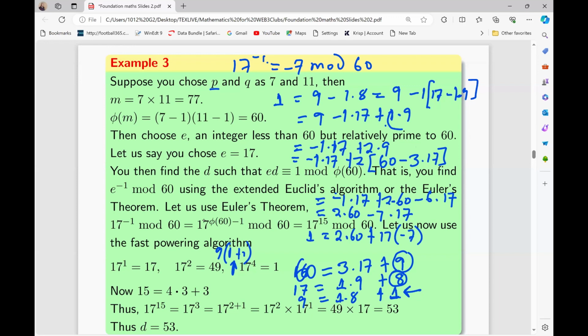Last time, since this number is less than 60, we were just adding it to 60, and we find that this will be 53 mod 60. So in other words, the inverse of 17 is 53. That is our D.